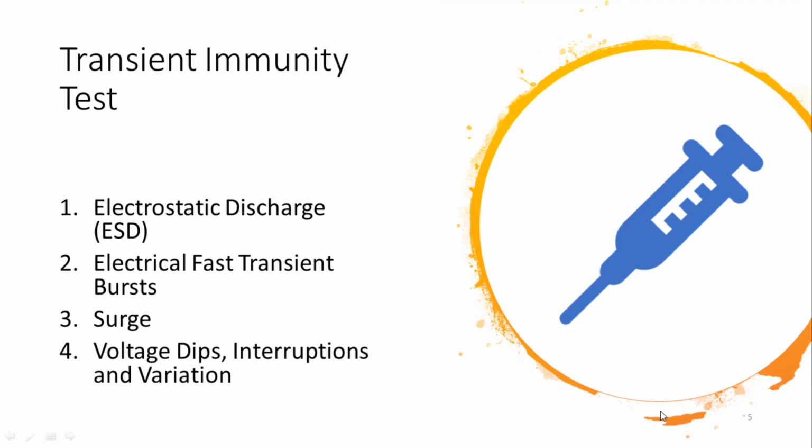So let us begin with the first one, the ESD, the electrostatic discharge. Then we'll follow with electrical fast transient bursts. Then next surge, and the fourth one, voltage dips, interruptions and variations.